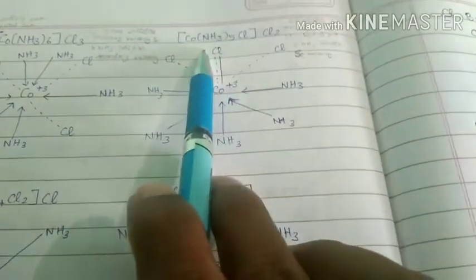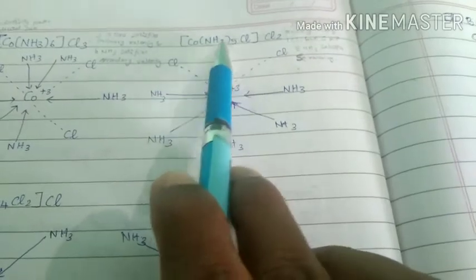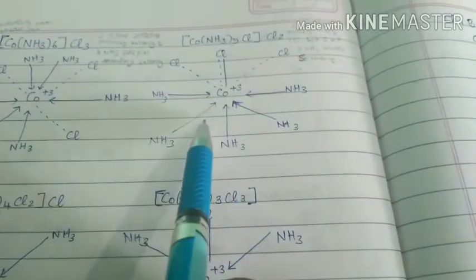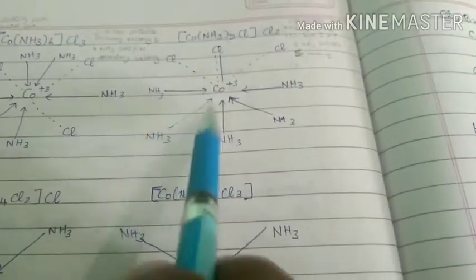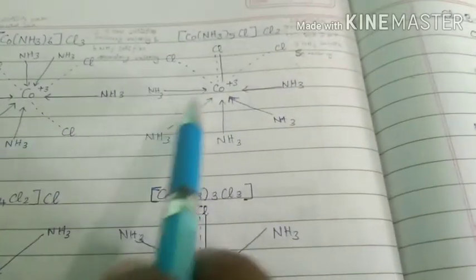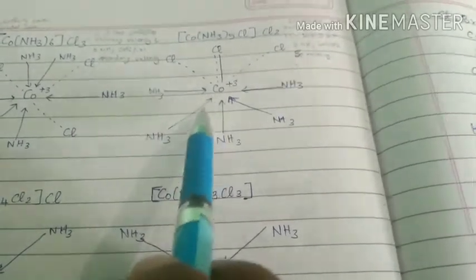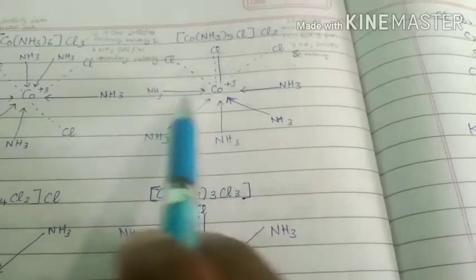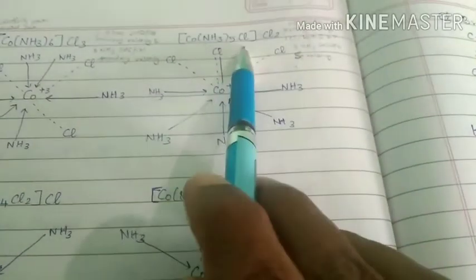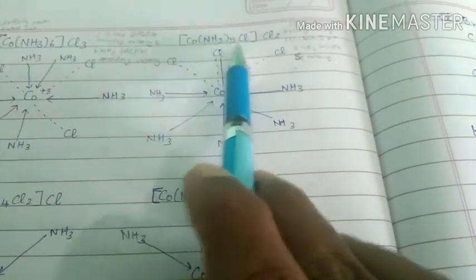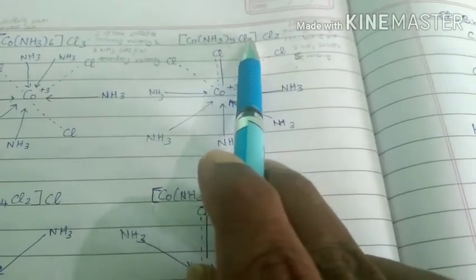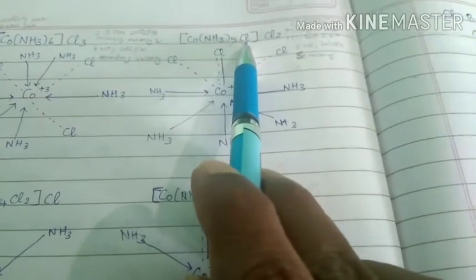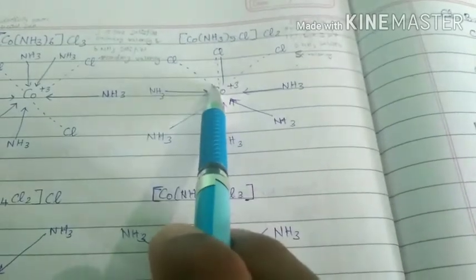Then how many ligands are present here? 6 ligands. 5 NH3, 1 Cl. Total 6 ligands. Among them the 5 ammonia are represented with bar lines, and 1 Cl. This 1 Cl acts as a ligand. This Cl is already represented with the dotted line.